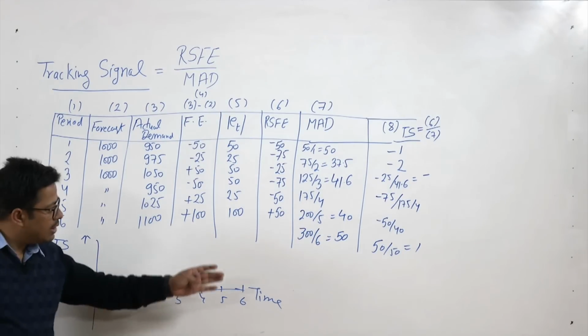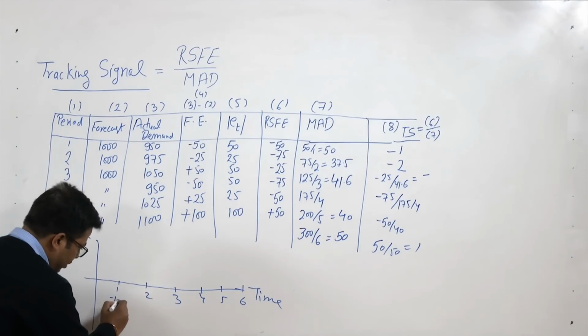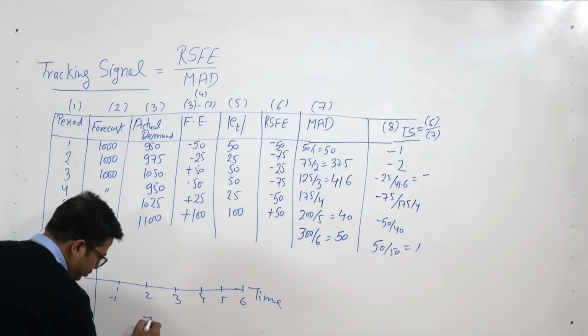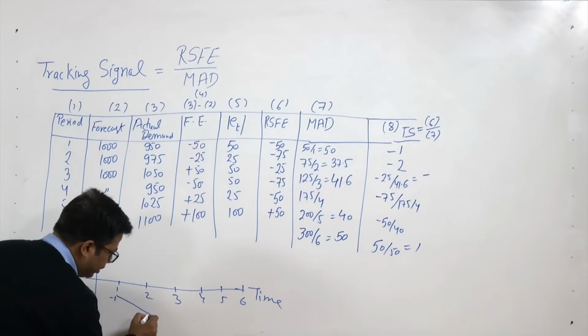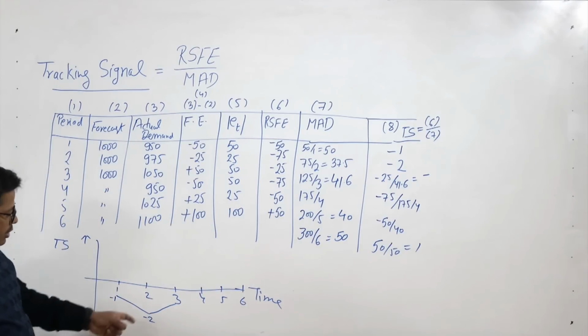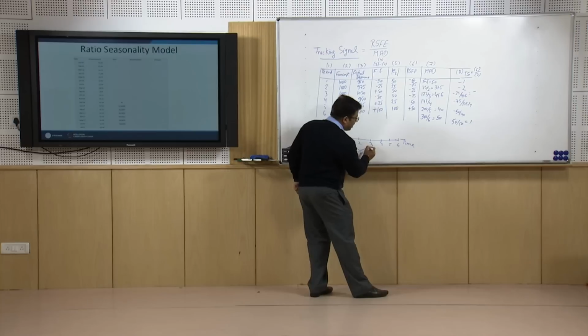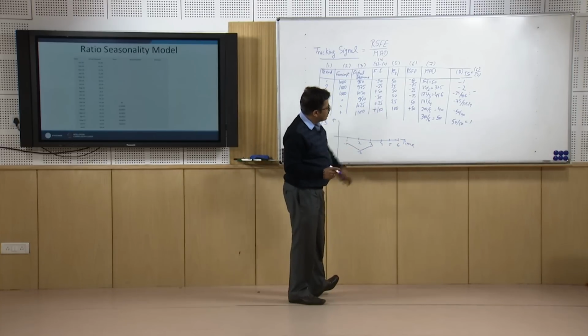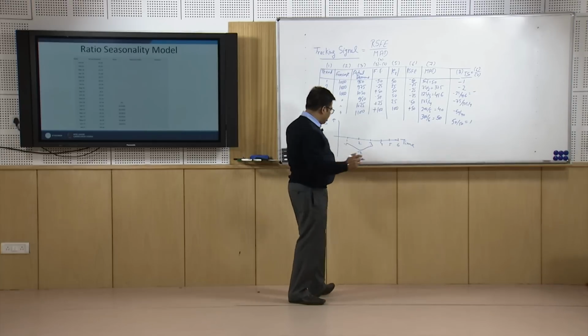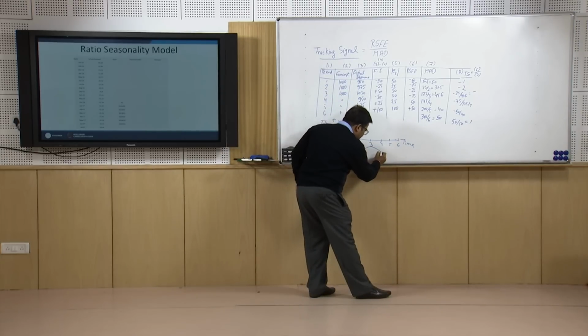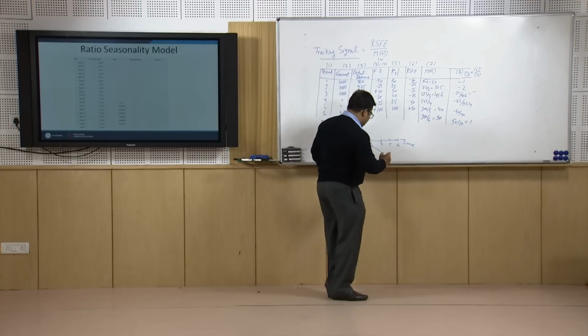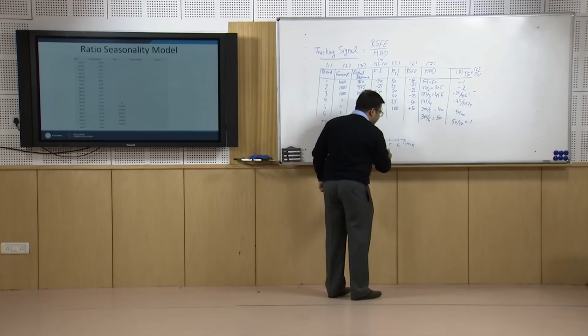So, for these periods we can start with minus 1, minus 2, and then in the third period it is coming very close to 0 value, and then in the fourth period it is actually 75, 300 divided by 175. So, it is around less than minus 2, it is around minus 1, and in the sixth period it is crossing 1 and it is becoming plus 1.